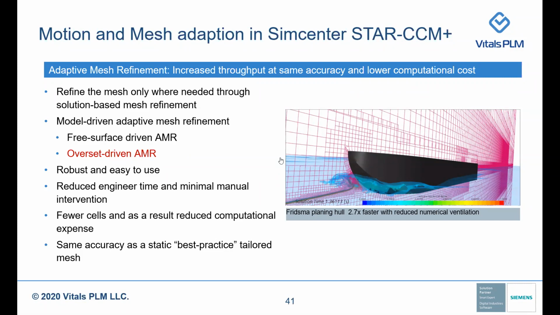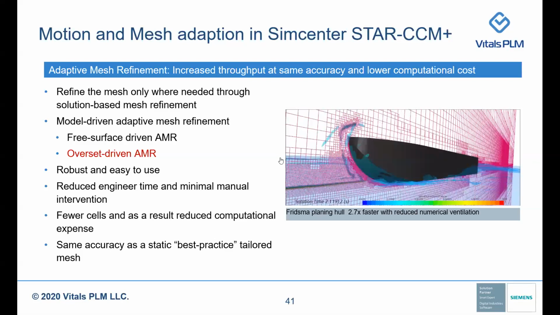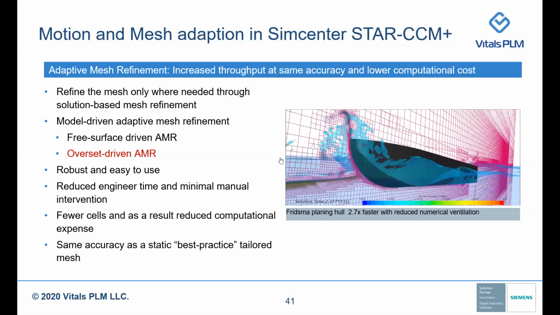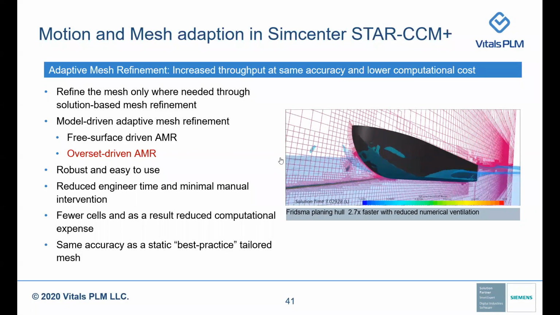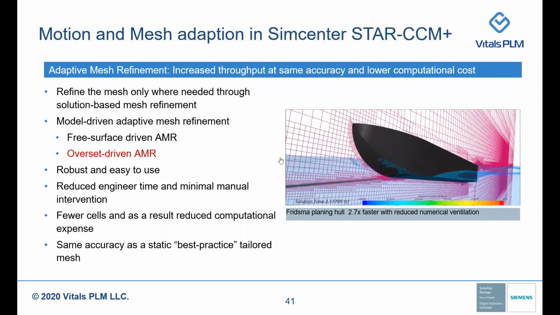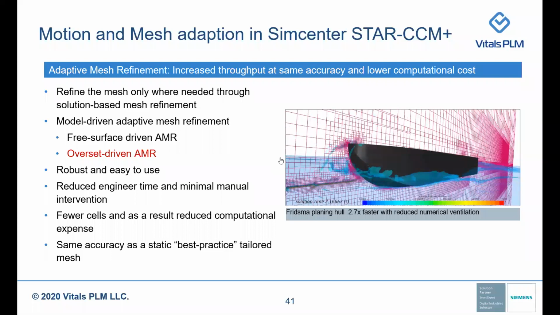Here in this example, we see the way the adaptive mesh refinement is working. Here again, this is a marine application. The free surface has been resolved by adaptively refining the mesh by the AMR technique, and it also resolves the water splashing.